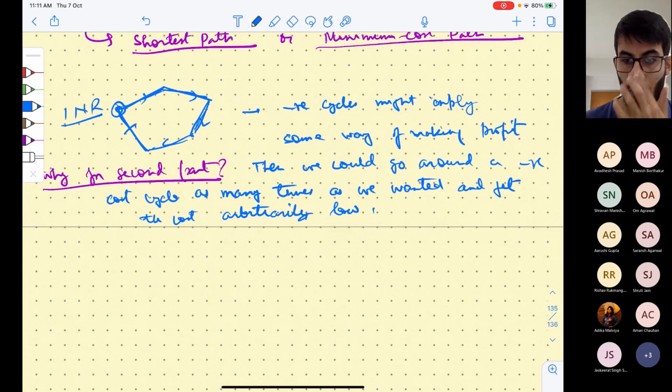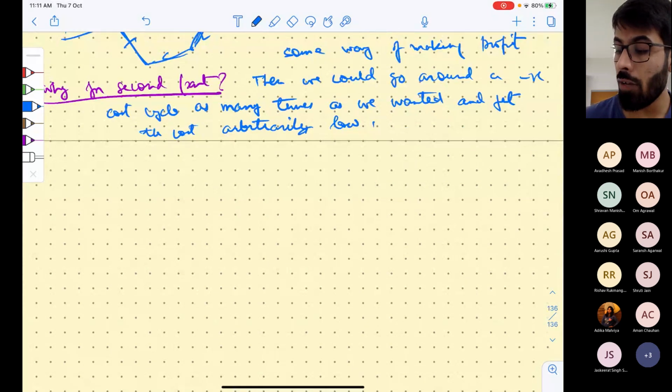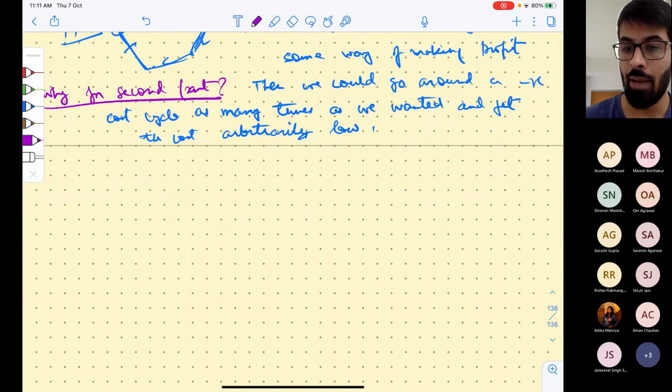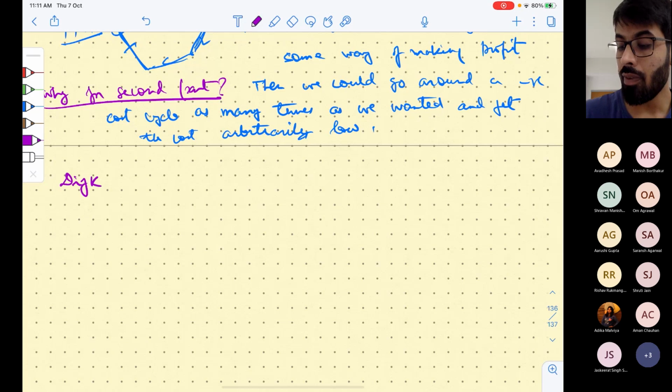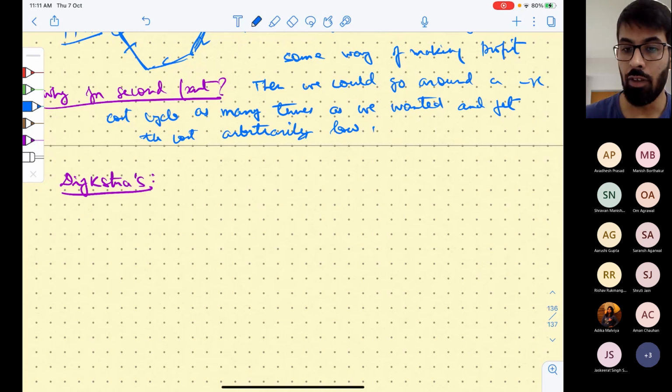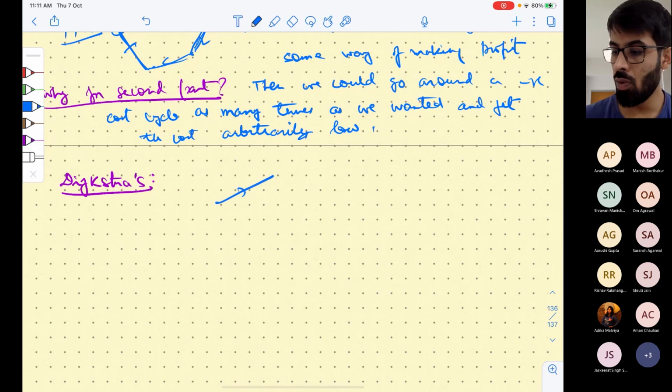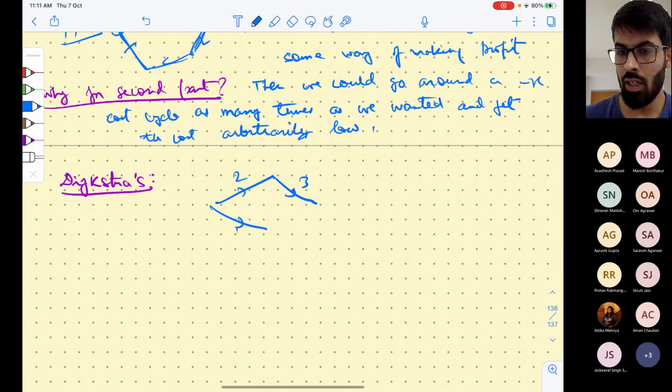Okay. Good. So let's see why Dijkstra doesn't work for negative weights. I had asked this in the exam also, but let's see it with a quick example. Suppose the edge weights were like 2, 3, 1, and let's say -6.